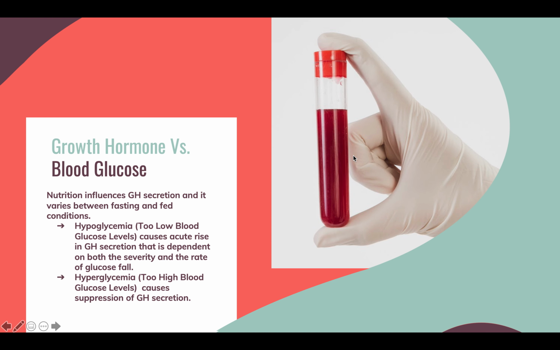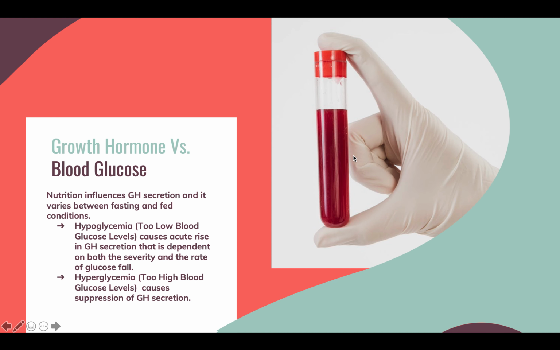It is also important to note that nutrition influences growth hormone secretion, and it varies between fasting and fed states. Hypoglycemia, when the blood glucose levels are too low, causes an acute rise in growth hormone secretion that is dependent on both the severity and the rate of glucose fall.